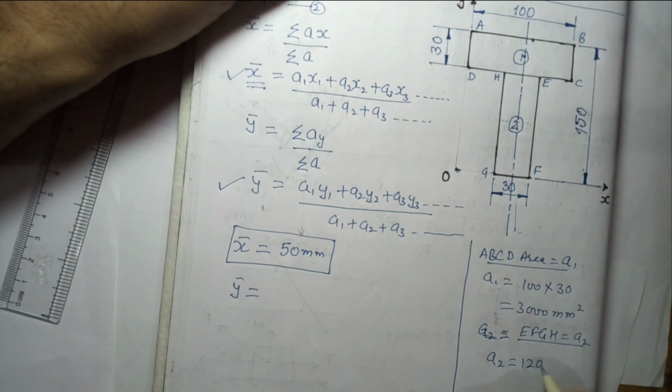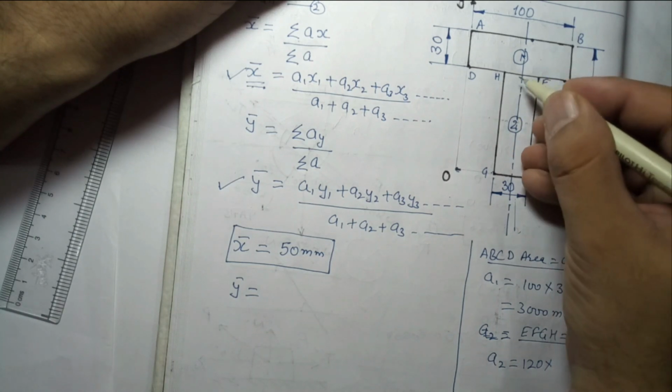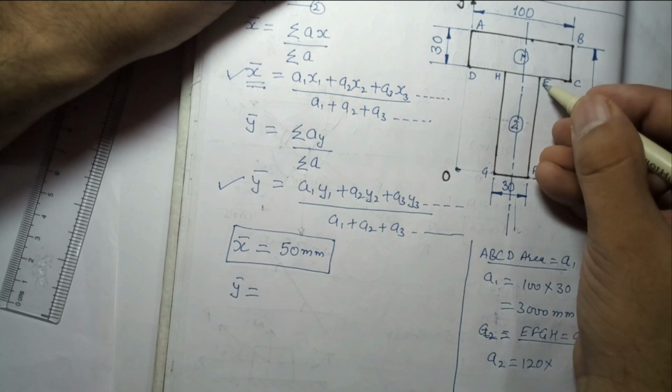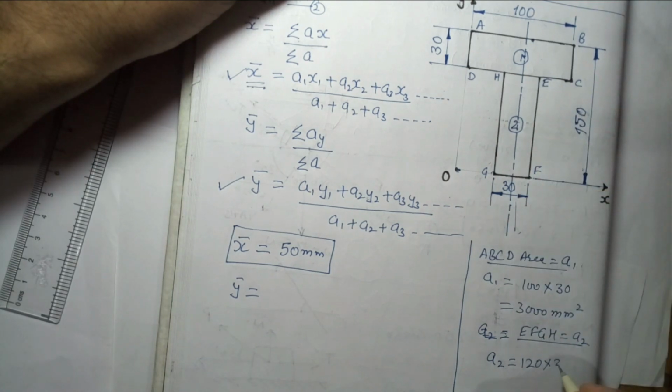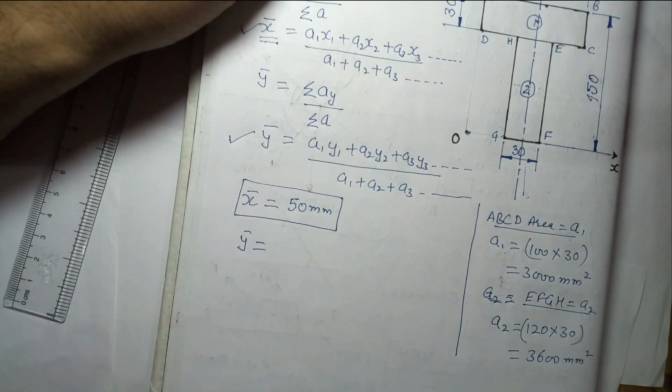So 120 is the length, and this is the width. This is a rectangle, so it will be length into width. Length is 120 into 30, so this is 3600 mm square. Right? So we get the values of areas, just to find out the value of y bar.